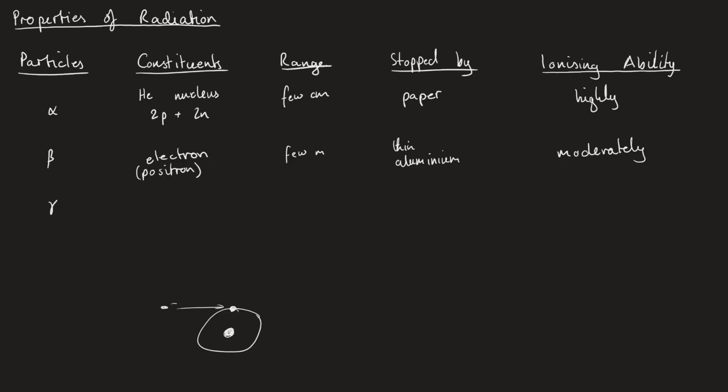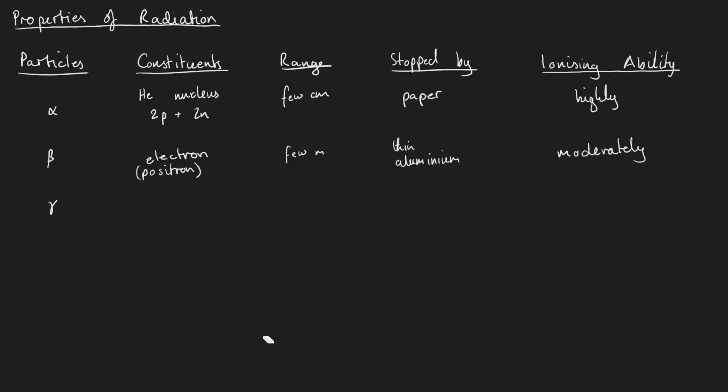Even if it was positively charged, it would have to get very close to it, much closer than a 2+ charge, because as we know from Coulomb's law, the force is 1/4 pi epsilon naught q1 q2 over r squared. So for the same distance, we're going to have 2 times the amount of force, and therefore we have a much more ionizing type of radiation.